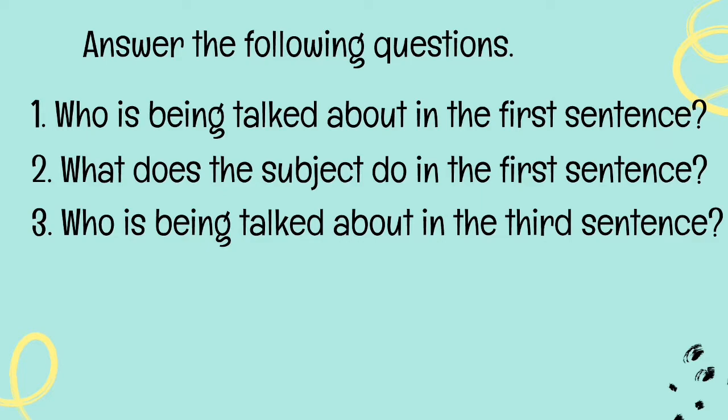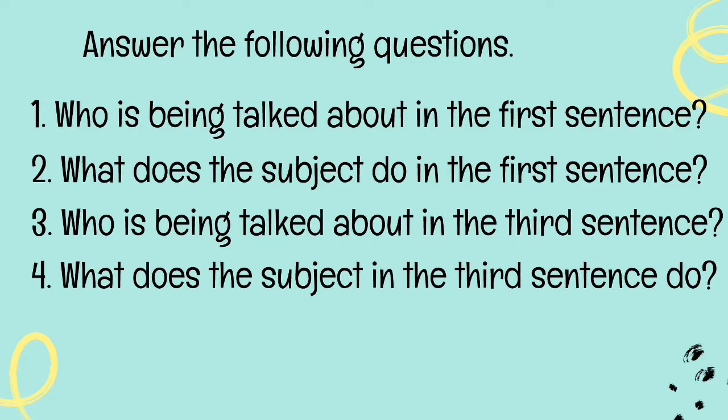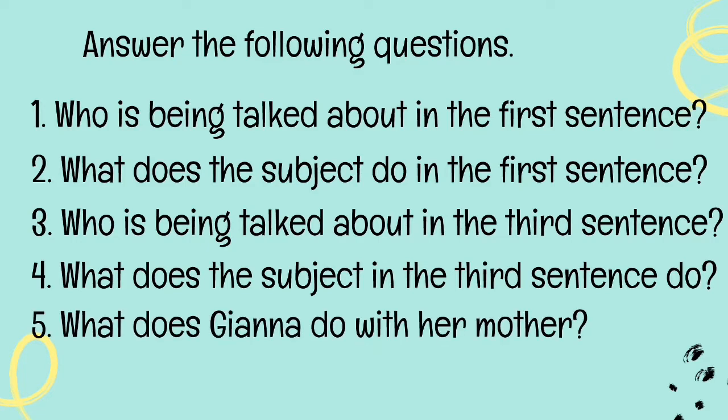Who is being talked about in the third sentence? Yes, that is she. Number 4. What does the subject in the third sentence do? Yes, sees. And number 5. What does Gianna do with her mother? Exactly, smiles and giggles.